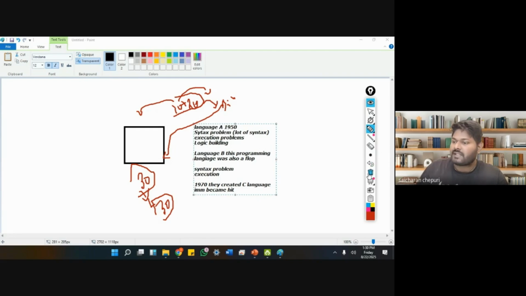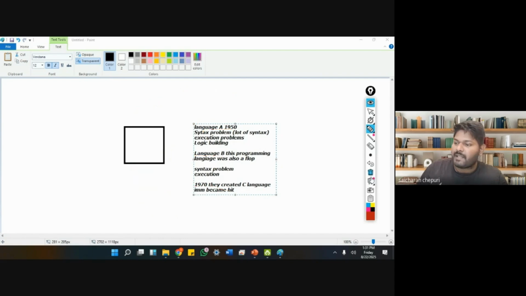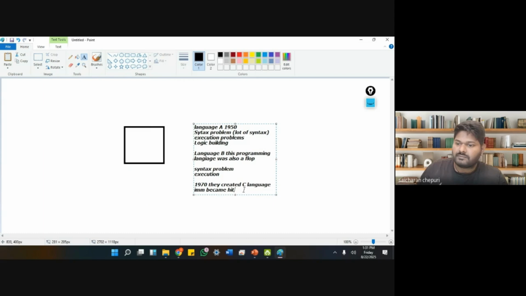Now gradually what they did, they have created language A. So the processing, whatever the processing that happens within the computer, is taken over by language A, and then language B was invented, and the same process was happening, and language C was also invented for the main purpose of, right? For the main purpose is to process the data.